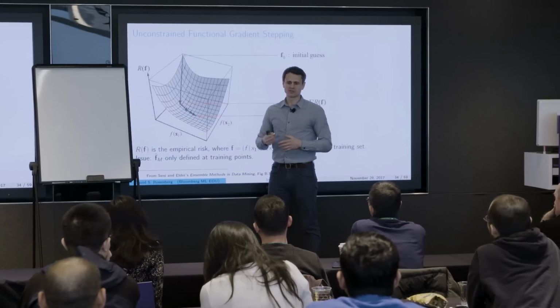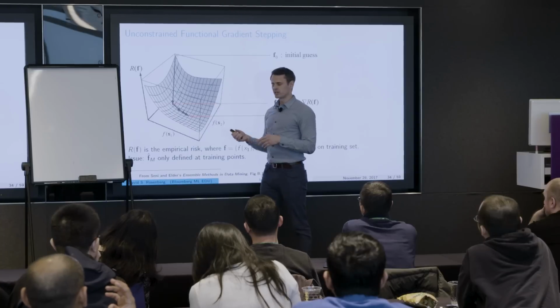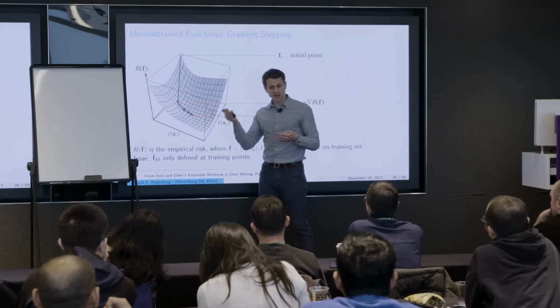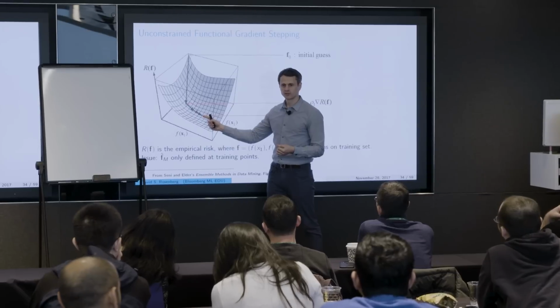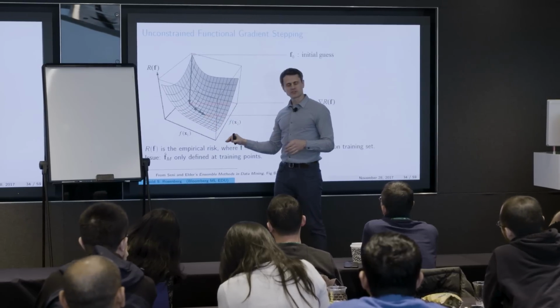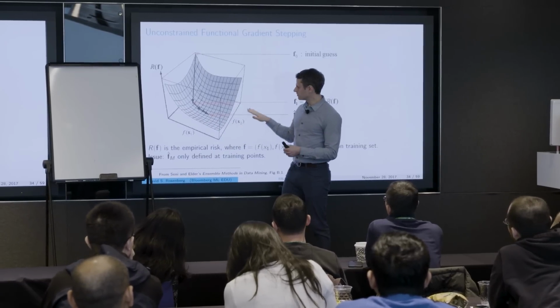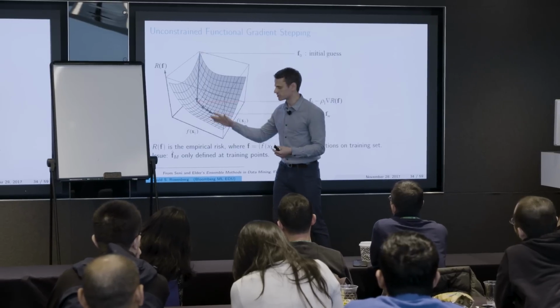For a given f, we get a particular objective function value, and that corresponds to one point on this graph. What this graph shows is the objective function value for all possible f's.